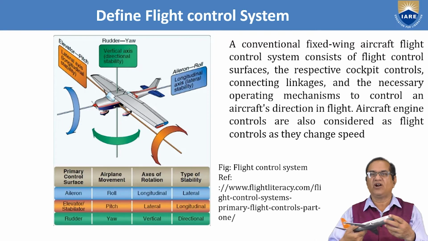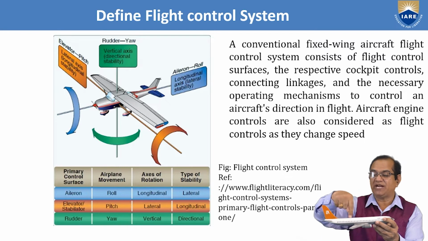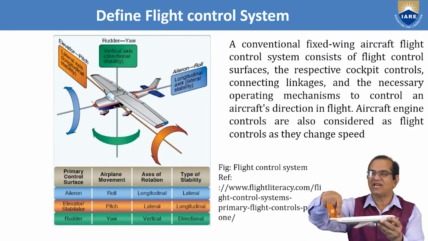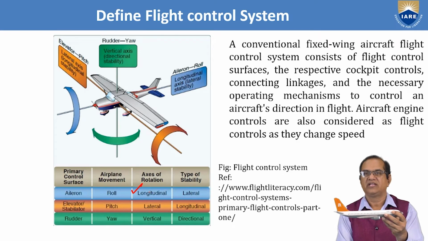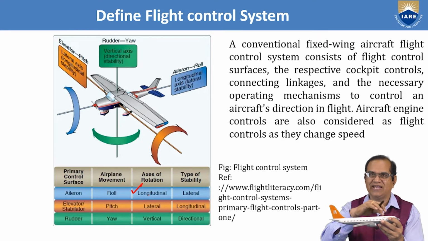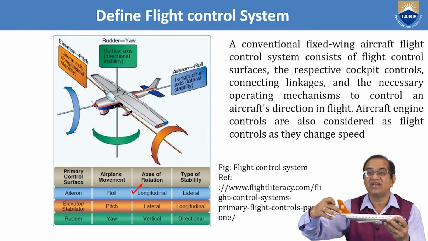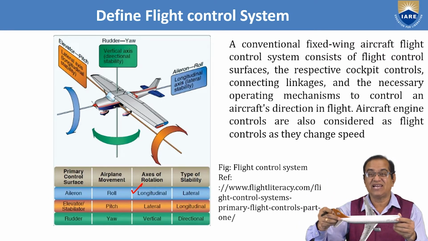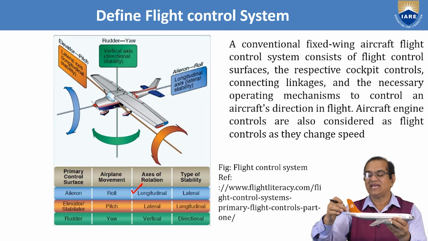If you want to roll, the rolling happens with respect to the longitudinal axis. This roll is on the longitudinal axis and happens by the aileron, and this affects the lateral stability. Rolling is lateral stability.